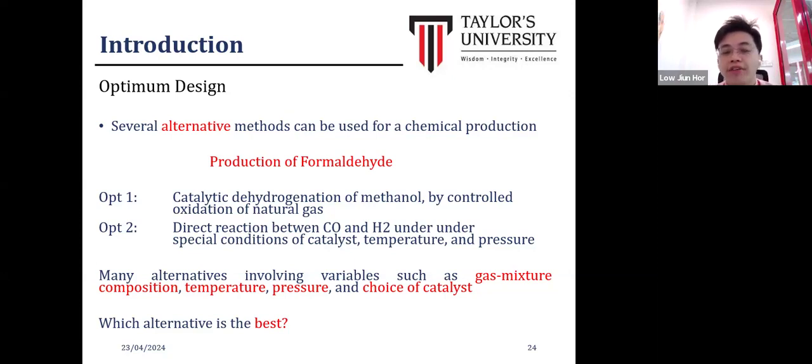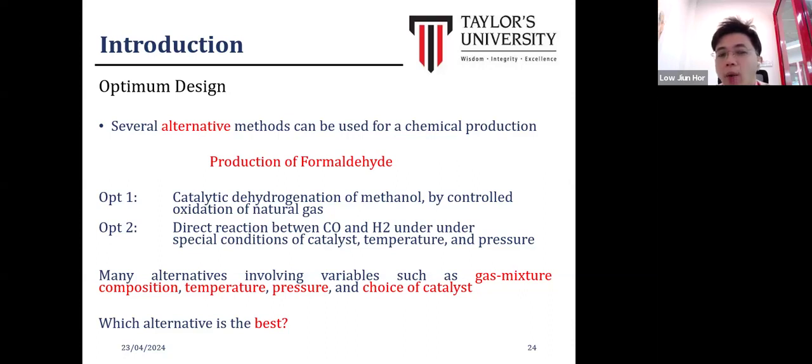Based on our literature review, there are two different pathways we can apply to produce formaldehyde. The first one is the oxidation of natural gas based on dehydrogenation. The second one is to use carbon monoxide and hydrogen to produce formaldehyde. There are two different reactions, two different pathways.